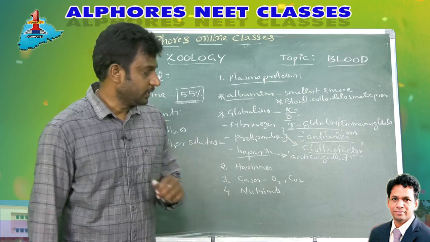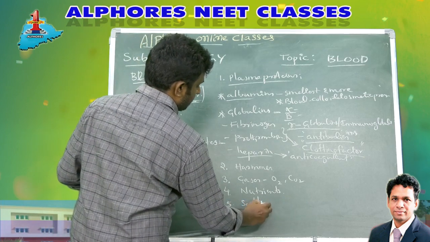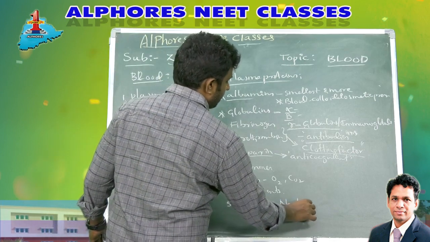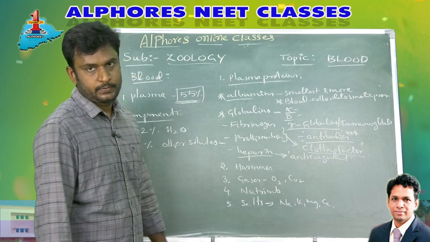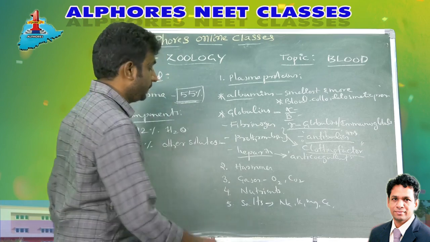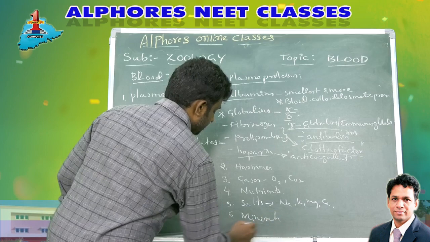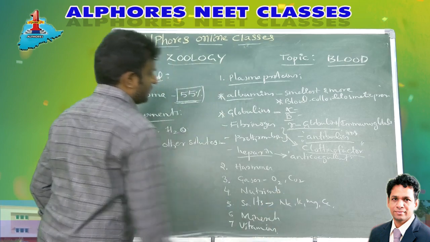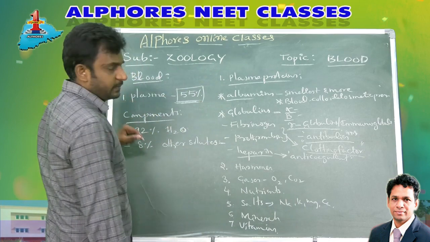It consists of salts also: sodium, potassium, magnesium, calcium. Different types of salts are present. Then minerals are present. Then vitamins. All these are the components which are present in the blood plasma.